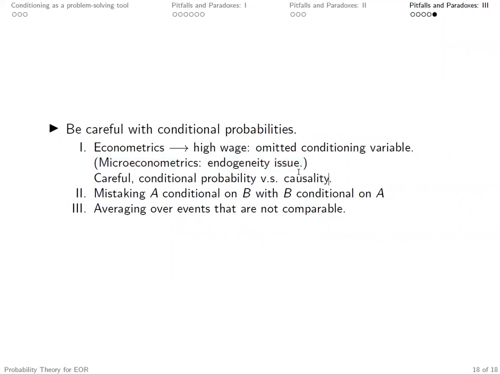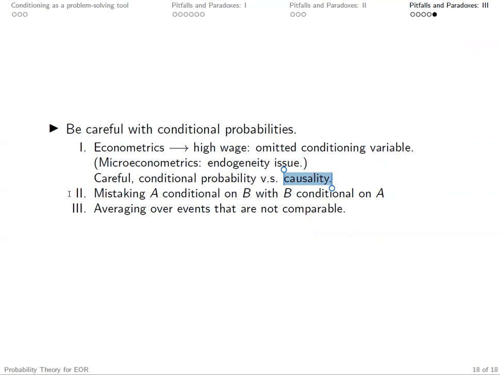If we want to draw some causal conclusion working with conditioning, to work out causality, sometimes we need more than simply conditional probabilities. And it's a very hard job. It's very challenging to do decent research or data analysis.